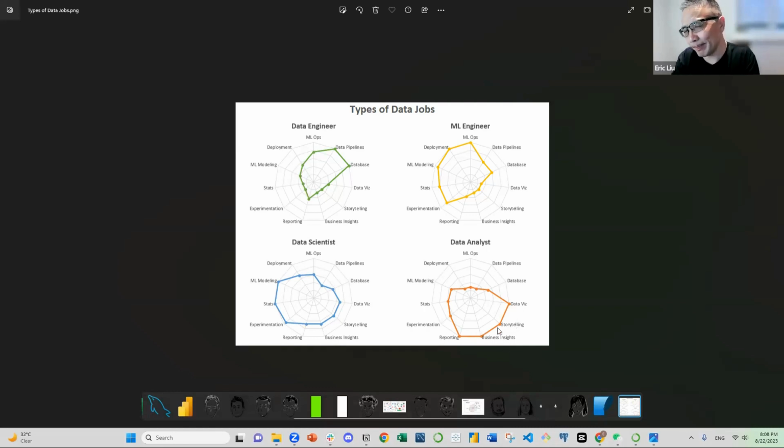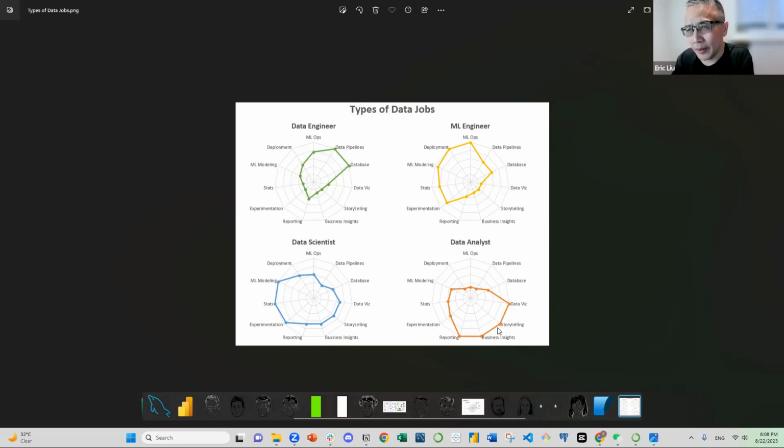And this is a little bit different from the traditional view that a data analyst, all they do is probably running queries and making reports. Maybe 15 years ago that was the case, but now with technology, your scope of work and responsibility got expanded.